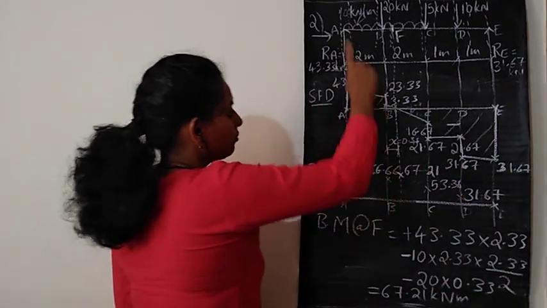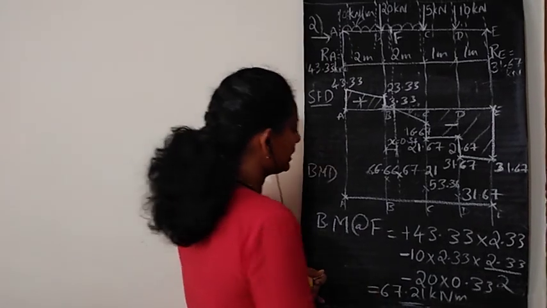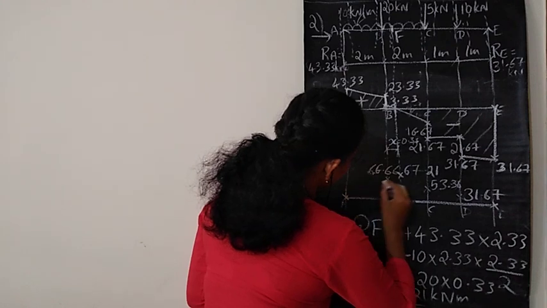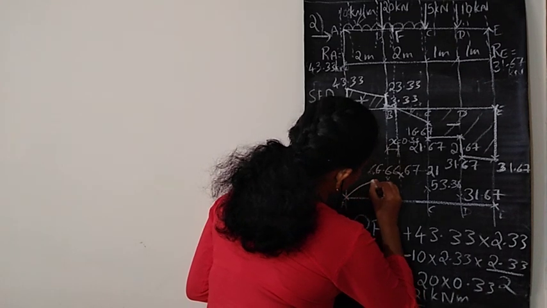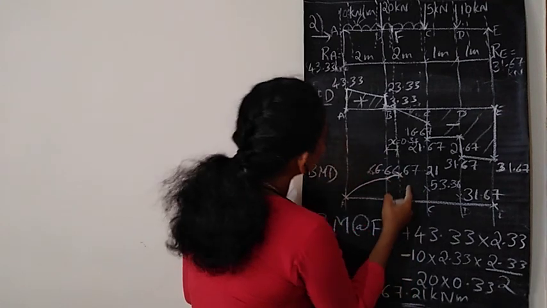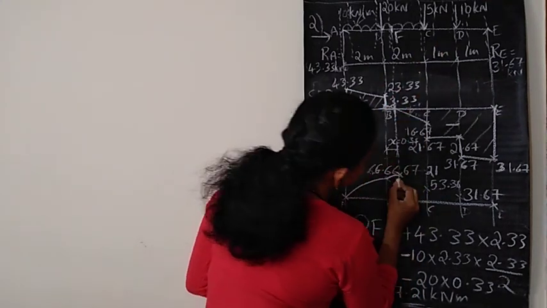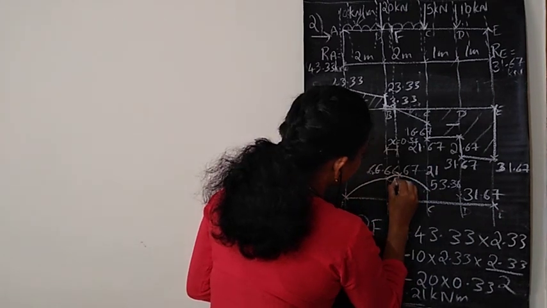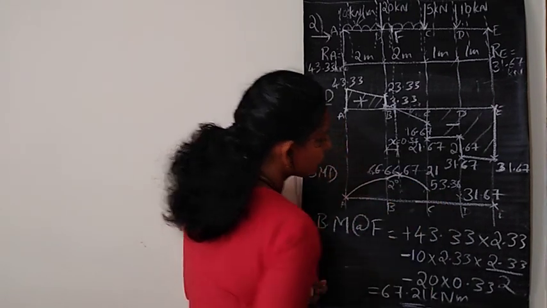Okay. For UDL, you have second degree curve. So you have to draw as a curve. This is your curve, and again this is your curve up to UDL, up to point C, second degree curve. Okay.